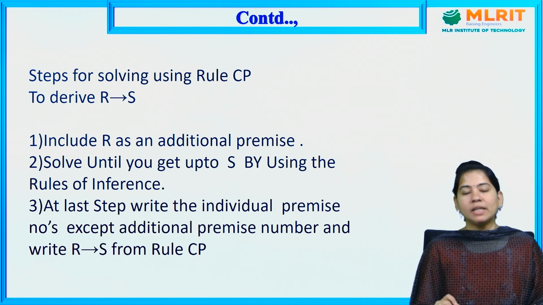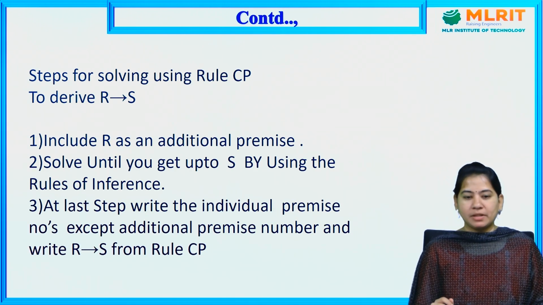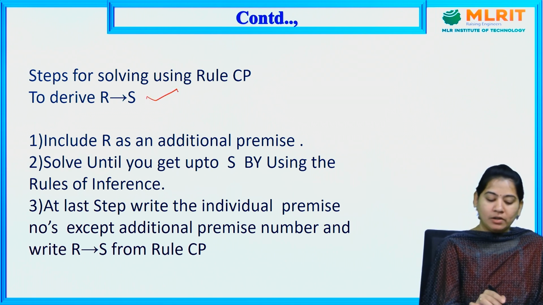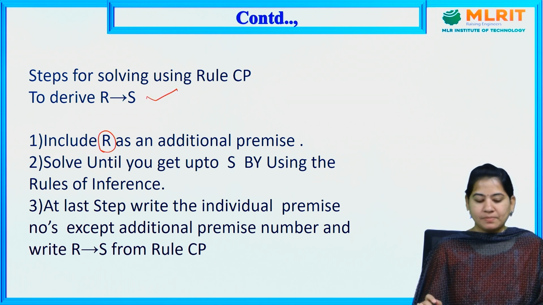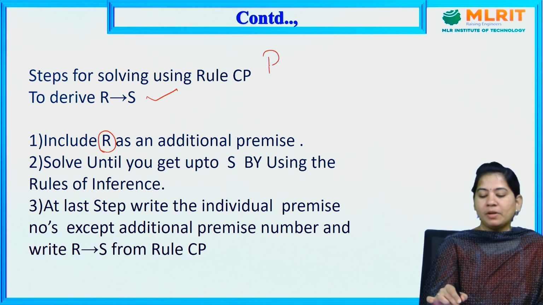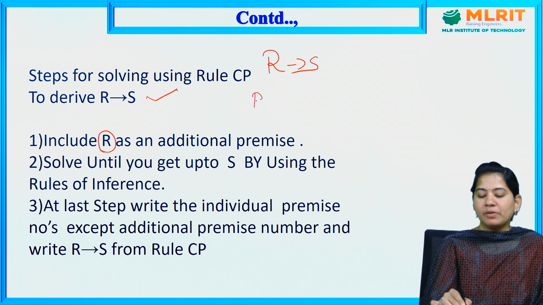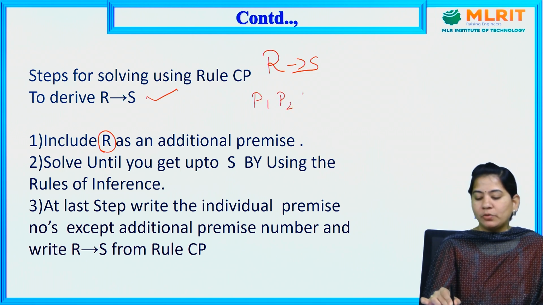What are the steps for solving the CP rule method? To derive R implies S, include R as an additional premise. For example, we have the same R implies S, and some given premises like P1, P2, P3, and so on.